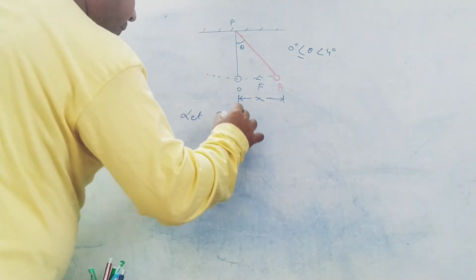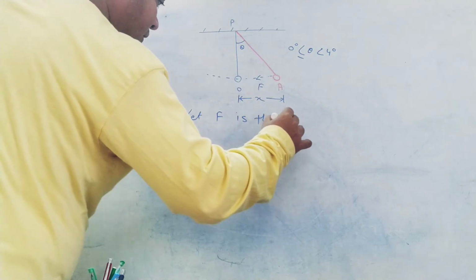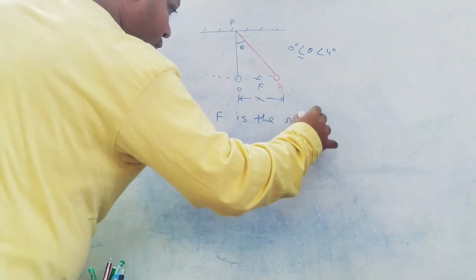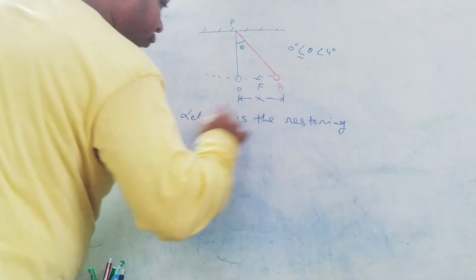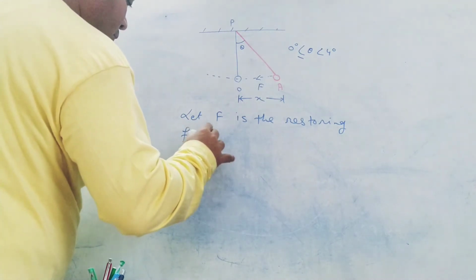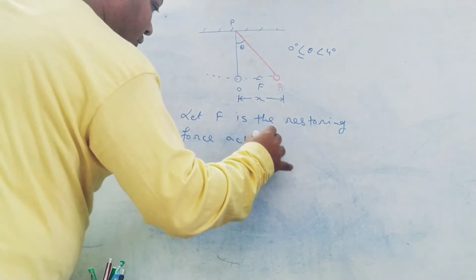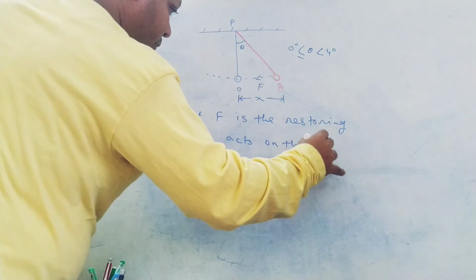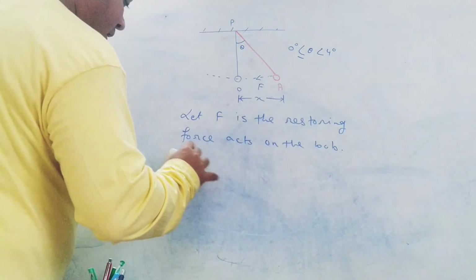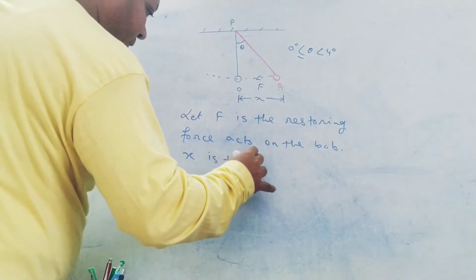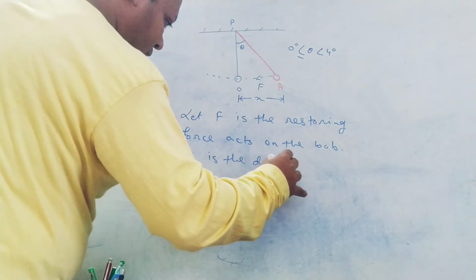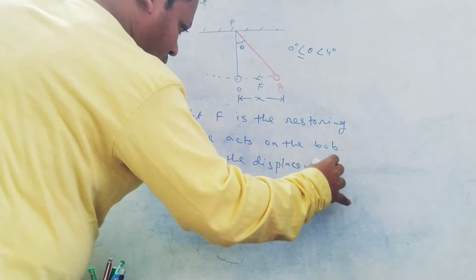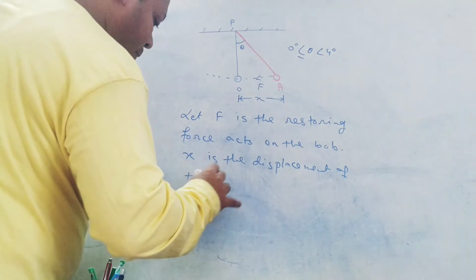Let F be the restoring force acting on the bob, and x is the displacement of the bob.